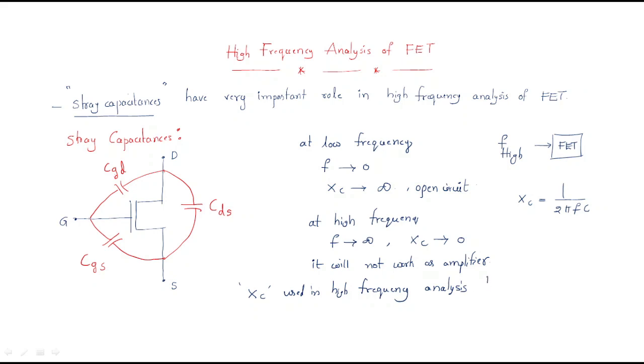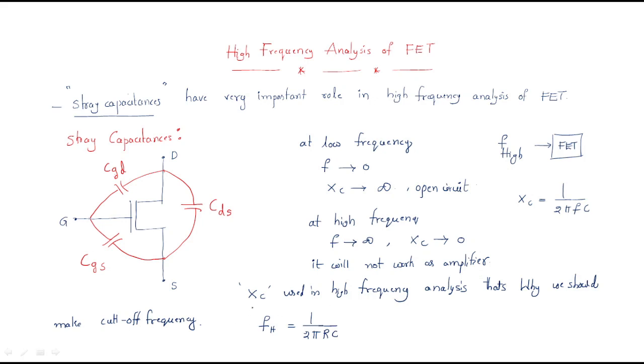That's why we should make a cutoff frequency. So up to some particular frequency it should operate. Low frequency is okay, but in case of high frequencies we should maintain some frequency, that is 1 by 2 pi RC.